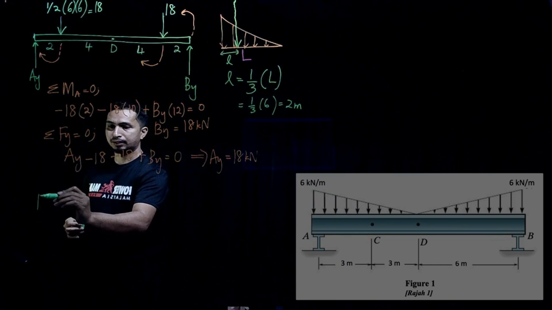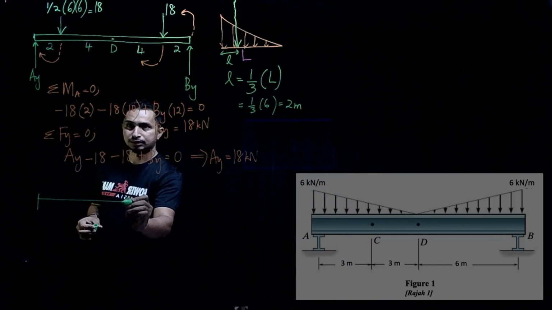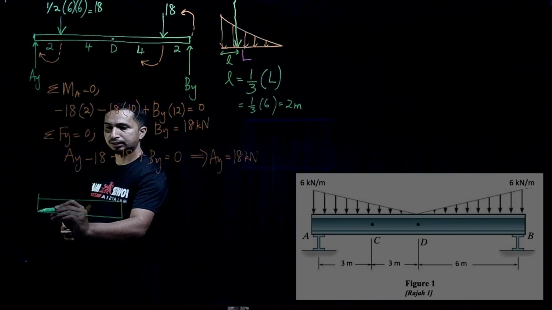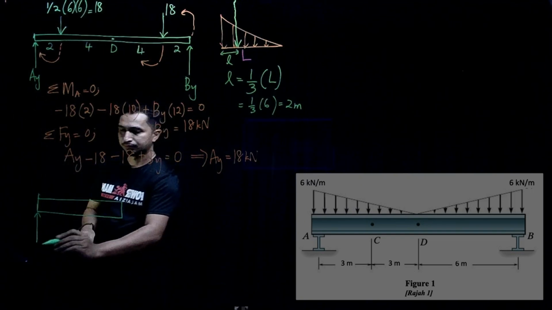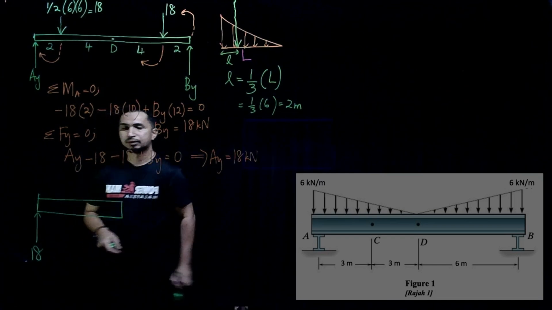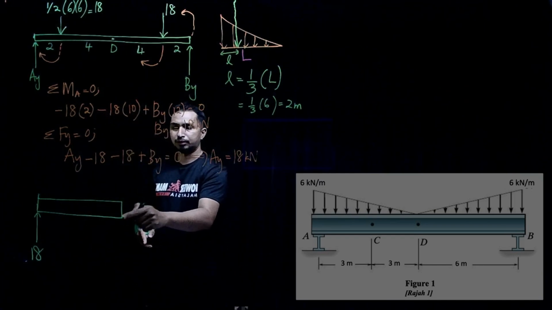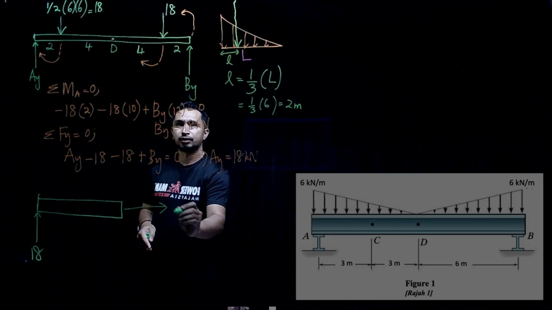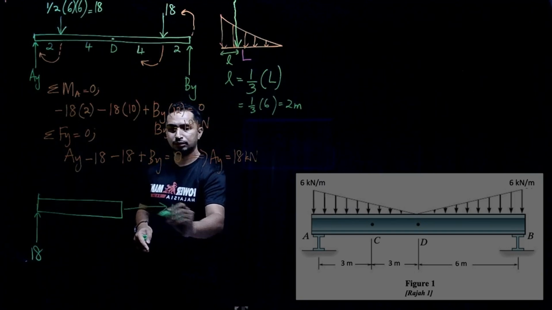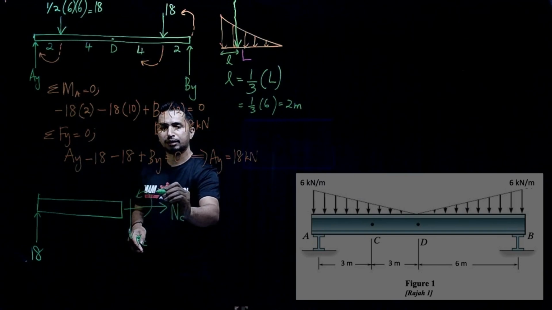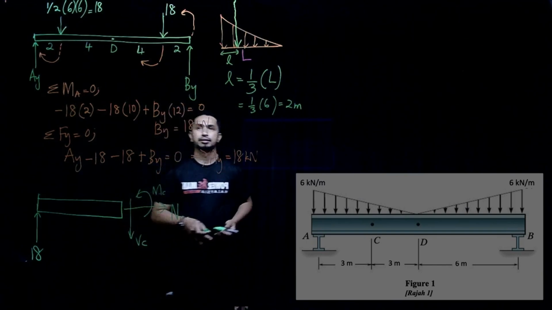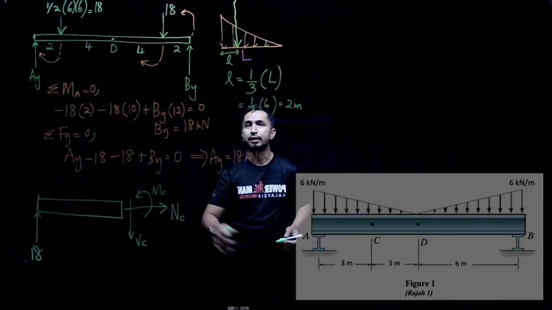So this is from A to C. Let's say this is AY. AY is 18. Then when I cut at point C, I have normal force, shear force VC, and also bending moment at that point. There will be 3 parameters here.